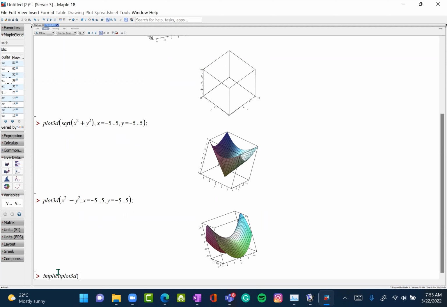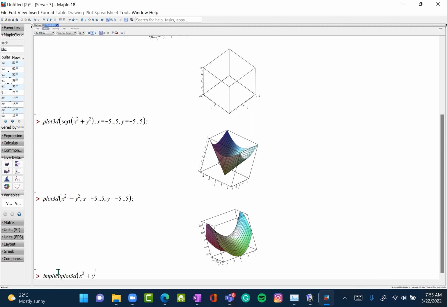Okay, now let's see. I want to plot a sphere now. x squared plus y squared plus z squared equals 1.